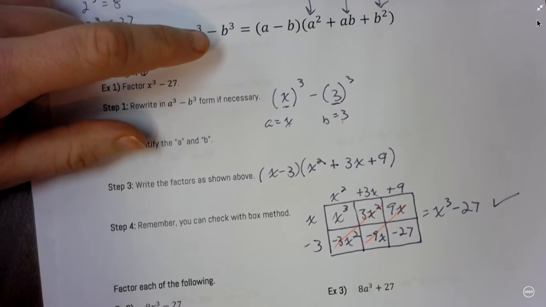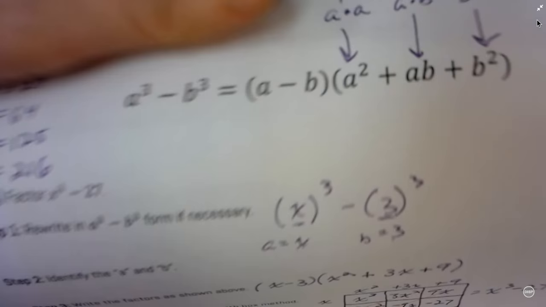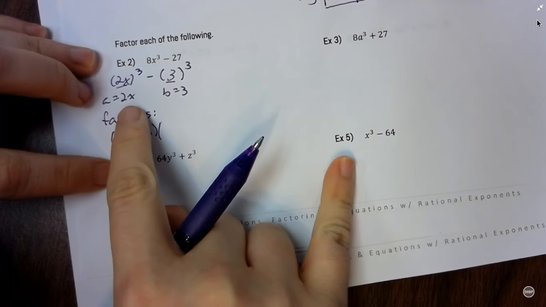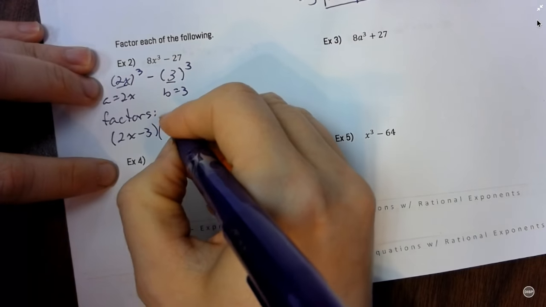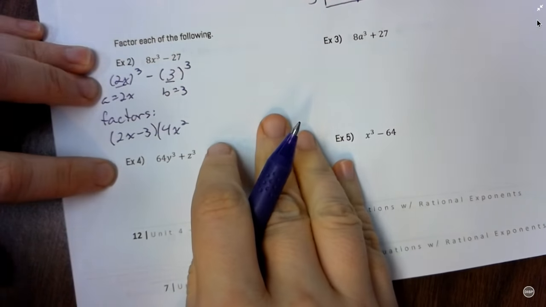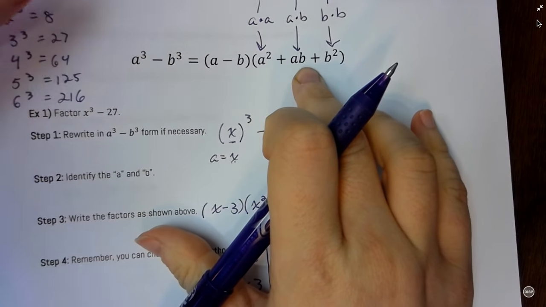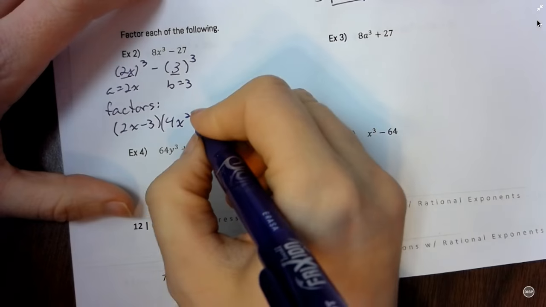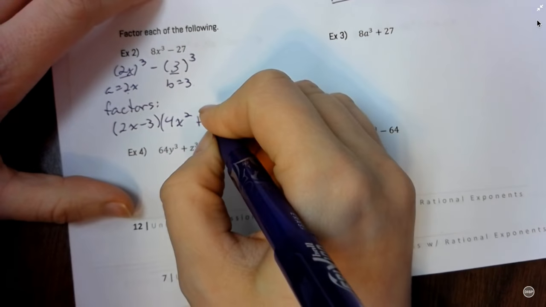And then my second factor, I'm going to start with a squared, so a times a. But my a is 2x, so 2x times 2x is 4x squared. And then plus a times b. So plus 2x times 3 is 6x.